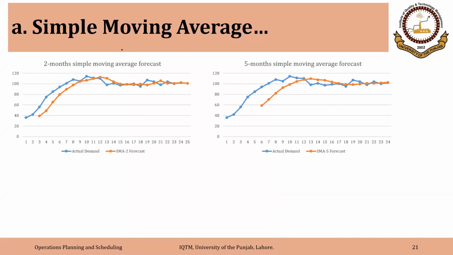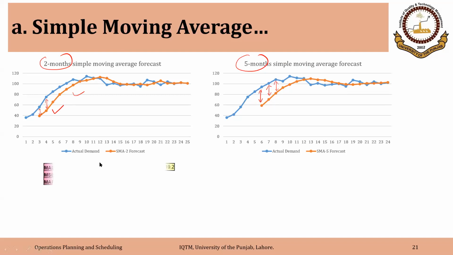If you have a look at the chart for 2 months simple moving average and 5 months, you can see that for 2 months the forecast responds very well to the changes in demand, more accurate. But if you have a look at the 5 months moving average forecast, you can see the bigger difference. This difference is actually the forecast error, the difference of actual demand and forecast for a specific period. So this seems to be a bigger value than we had in the case of the 2 months forecast.